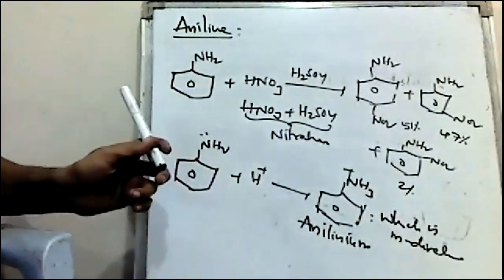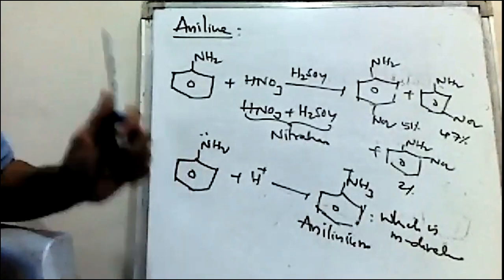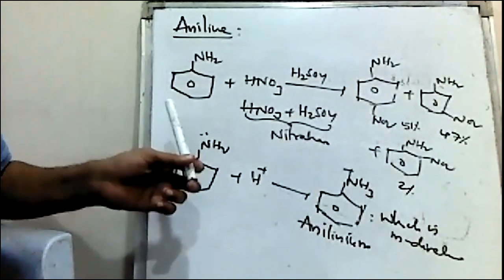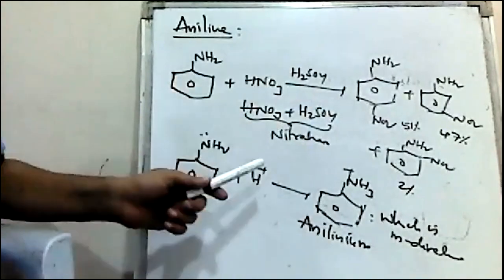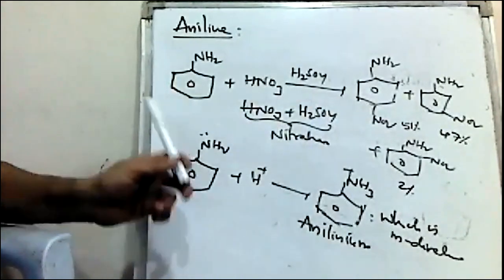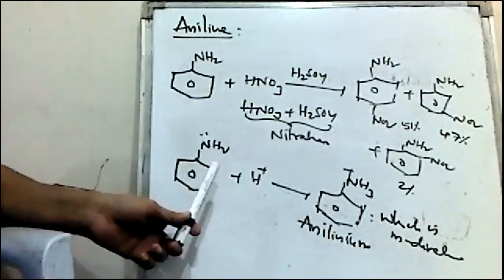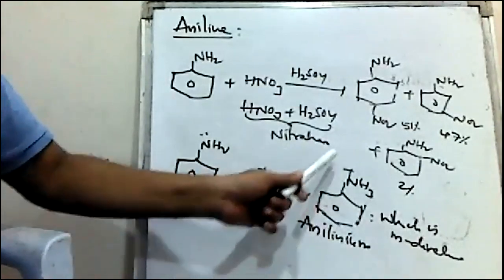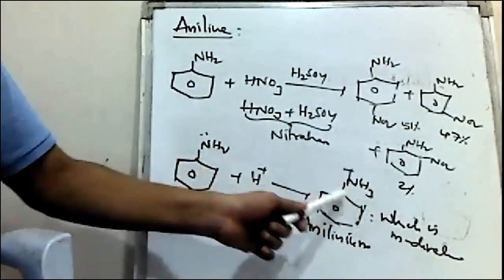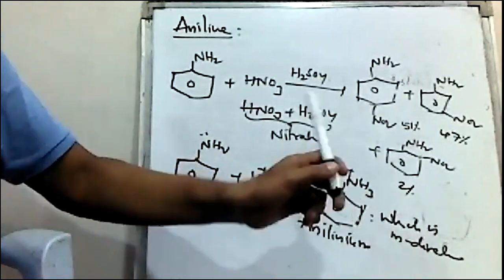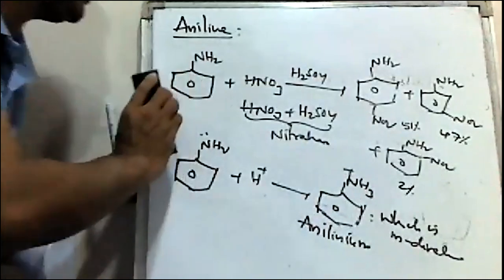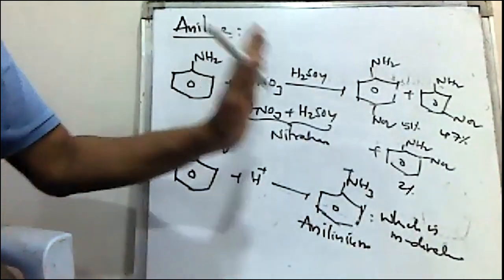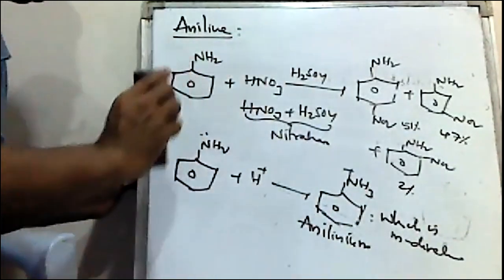The formation of the meta-nitro product, even though the NH2 group is ortho-para directing, is due to the fact that in the presence of acids, aniline forms the anilinium ion. That's why it becomes meta-directing.